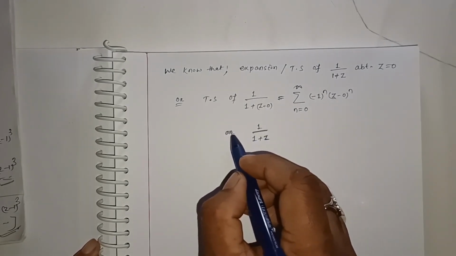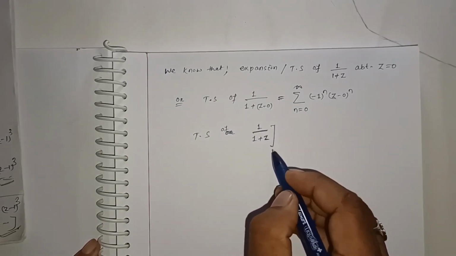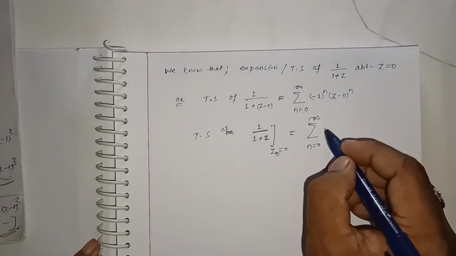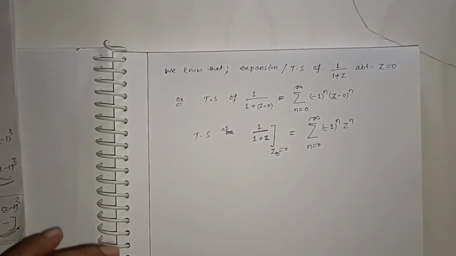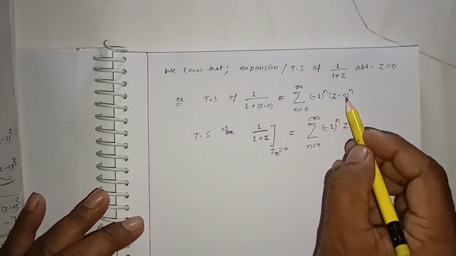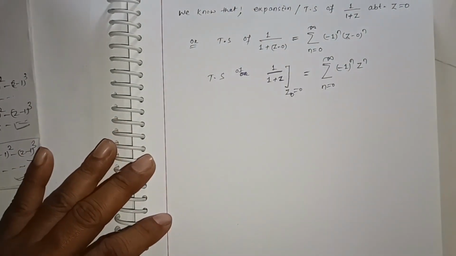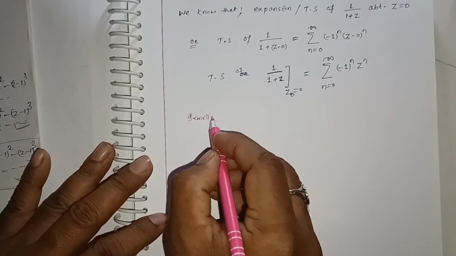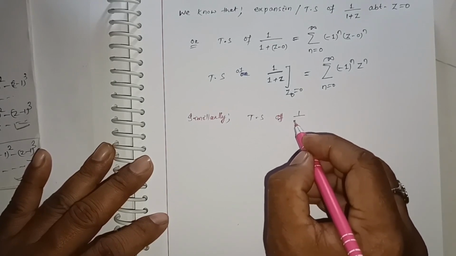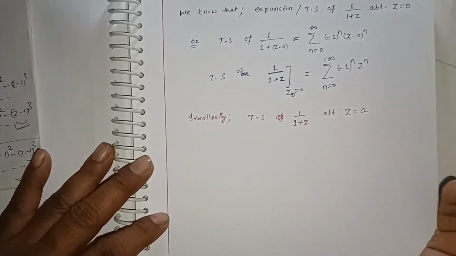So the Taylor series of 1 by 1 plus z about z0 equal to 0 is equal to summation over n equal to 0 to infinity minus 1 to the power n z to the power n. So about z equal to 0, the Taylor series is -1 to the n z minus 0 to the power n. So about z equal to any point, what can we write for this case? Similarly, Taylor series of 1 by 1 plus z about z equal to, suppose a, any point.